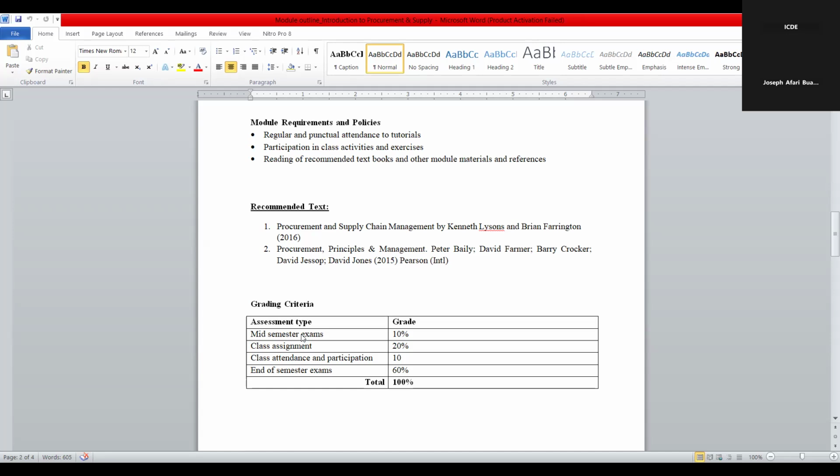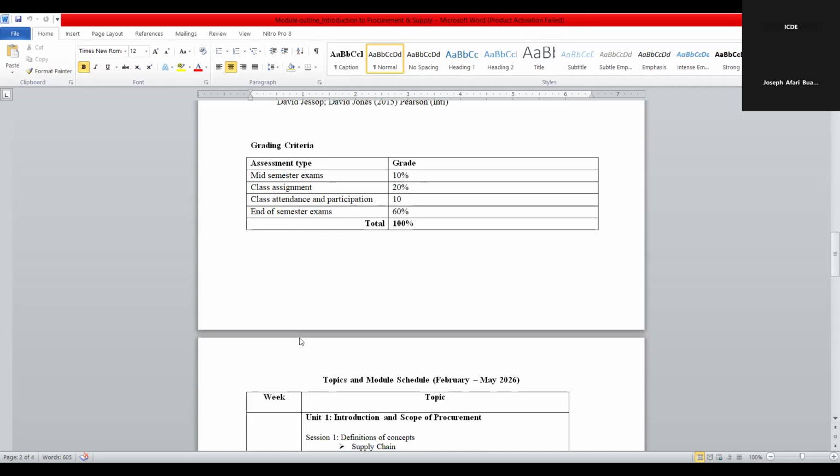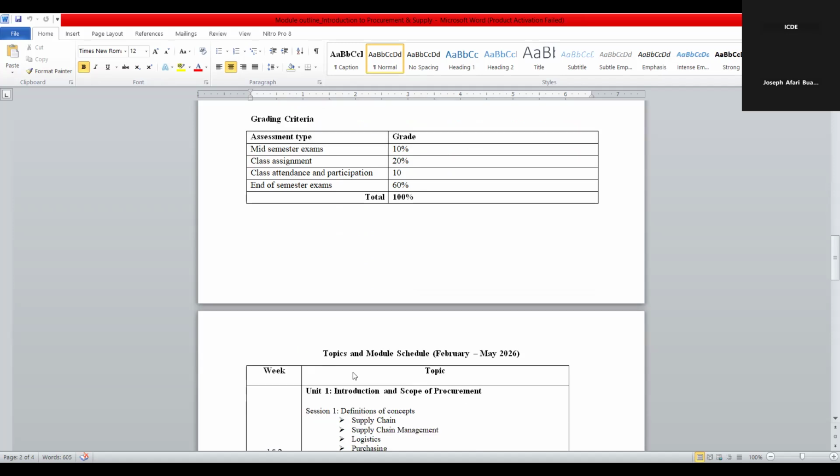I don't have the class list yet, but I believe the class reps will send me the list. Right after the meeting, I will be taking screenshots of those of you online now, and I'll be recording the attendance from my end. And then the end of semester is 60%.